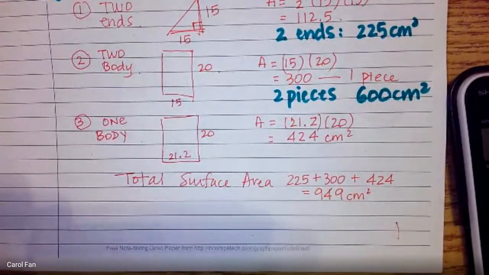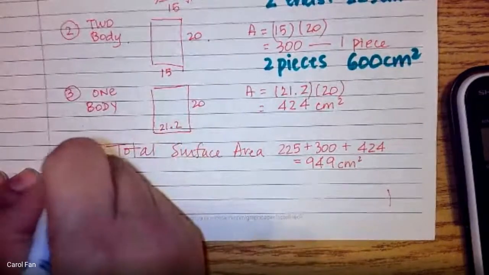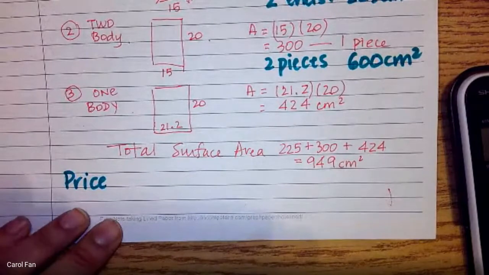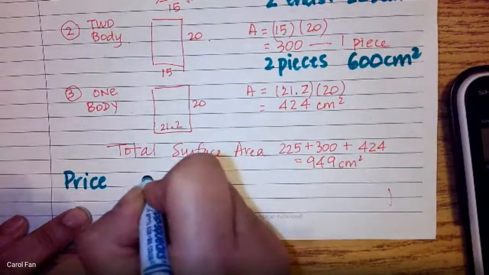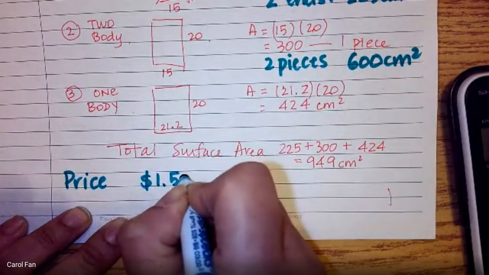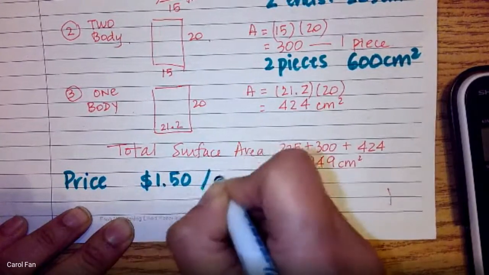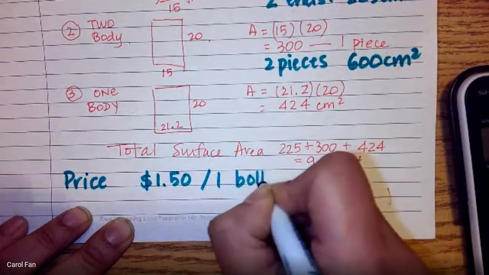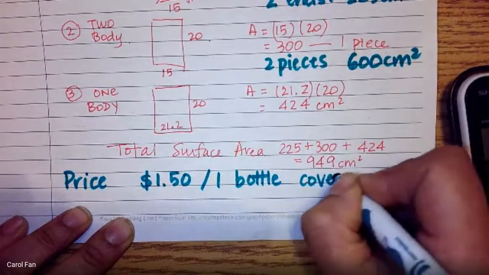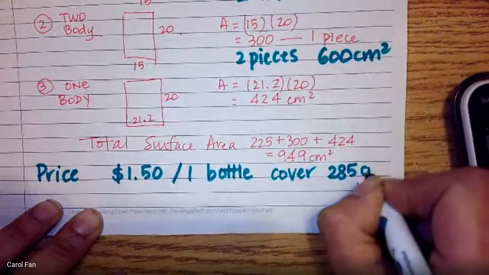Now we're going to do our ratio again because we need to use that to get our price. So we're going to write the rate. We know that for $1.50, you get one bottle that will cover 285 centimeters squared.